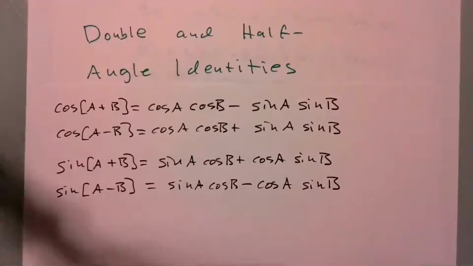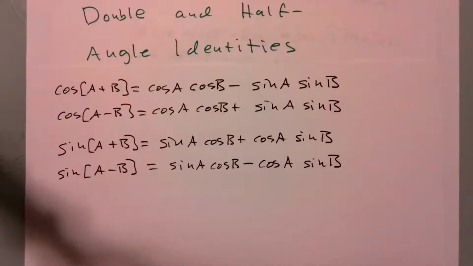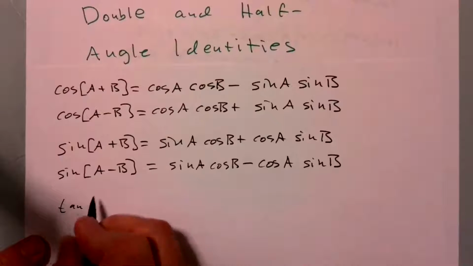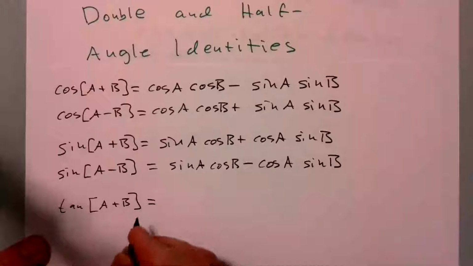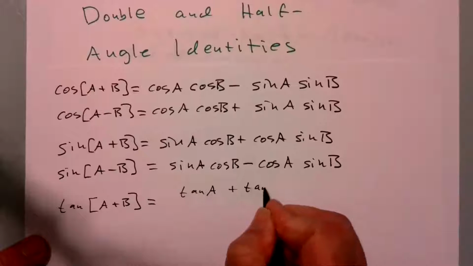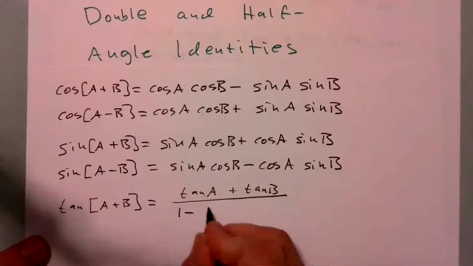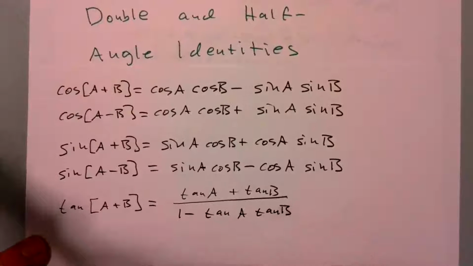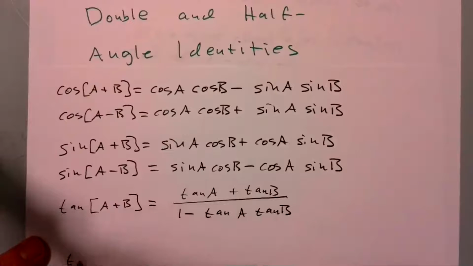On our exam, I will give these to you, but I do think it's valuable to try to memorize at least these 4. I would not try to memorize a formula for tangent. They're relatively easy to derive. I did one of them in the last video. Tangent of A plus B is tangent A plus tangent B divided by 1 minus tan A tan B. And tangent of A minus B, so again, notice plus on the top, plus on the top.